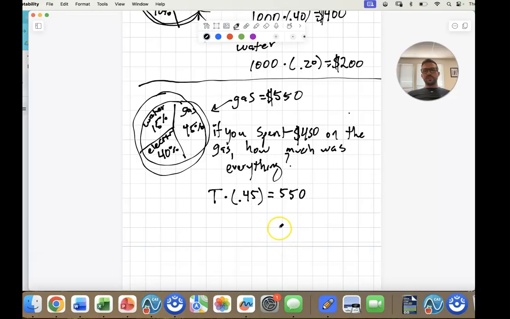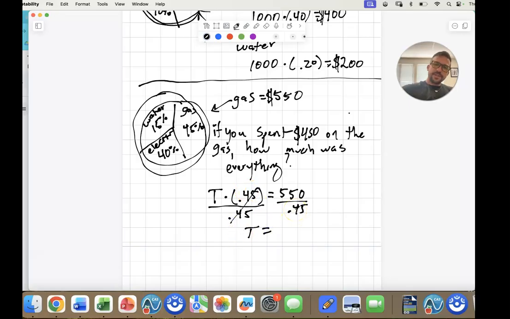Now you see why I was showing you those basic ones that we did above? I want to know what the total amount is, so I can divide by 0.45. If I want to figure out what the total amount was, I'm going to divide by that 0.45, like I showed you guys before. And then that'll give us our total amount, because it cancels out over here.